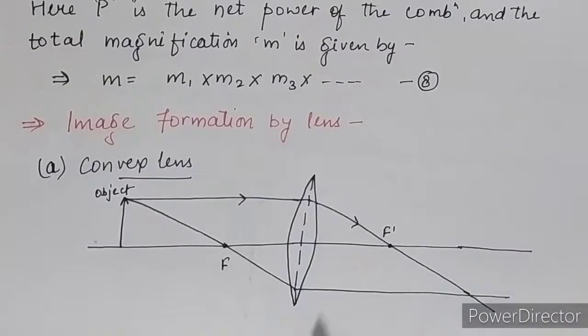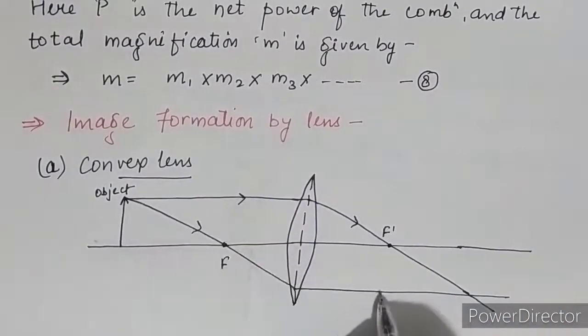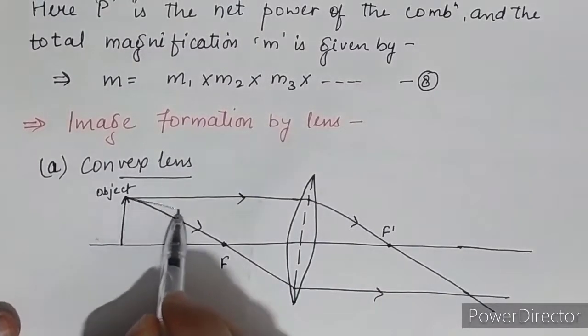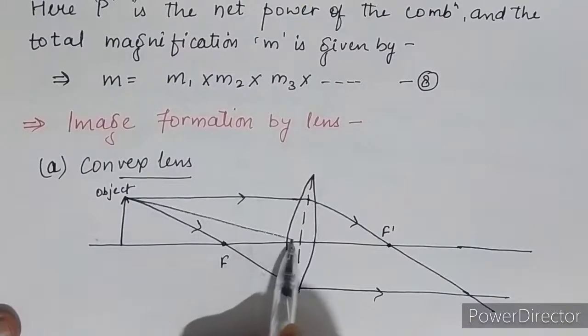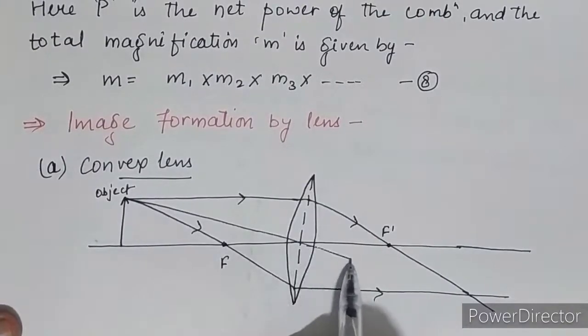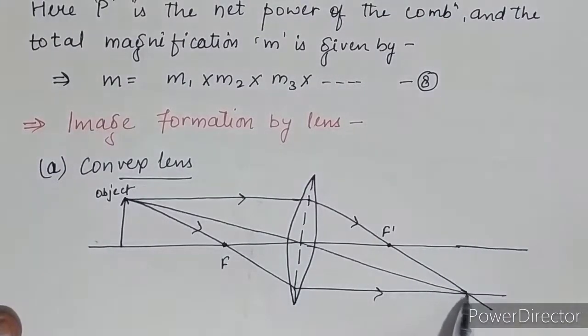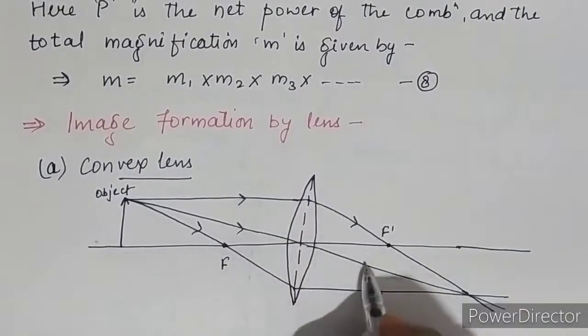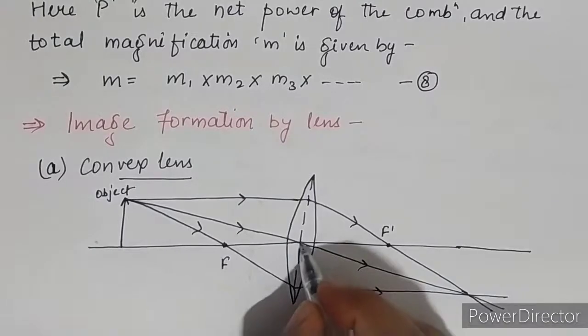And the third rule is that when the light rays are passing through the optical center, then they will go straight on the same path. This will be the optical center.